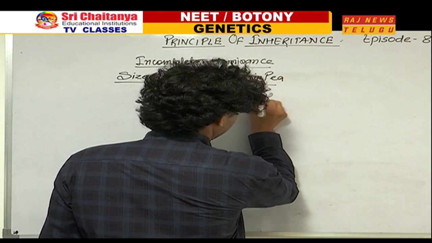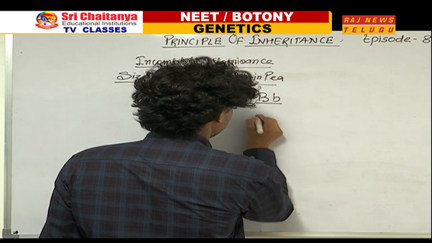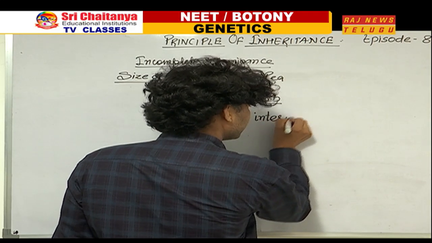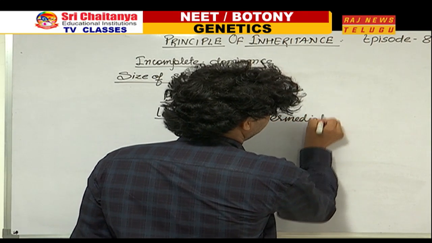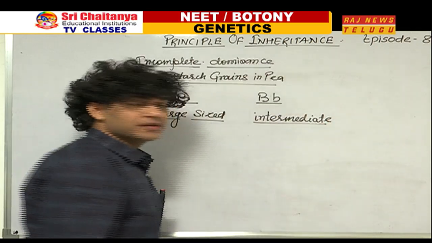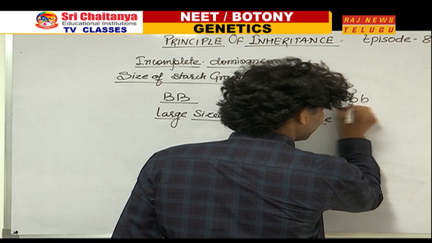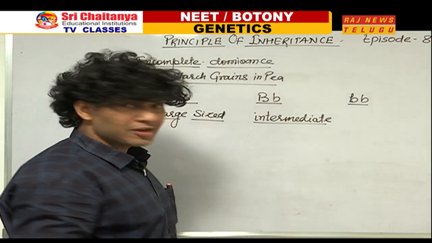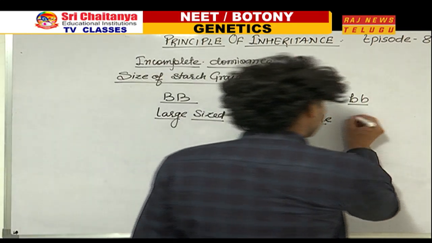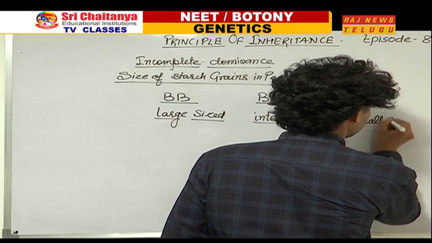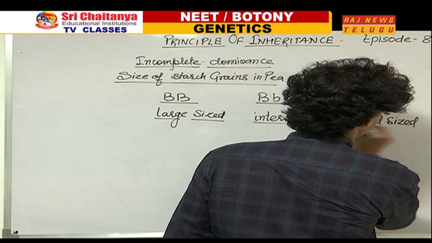If capital B small b condition is present, then intermediate sized starch grains arise. And if small b small b is the condition, meaning none of the dominant allele is present, then small sized starch grains will be obtained.